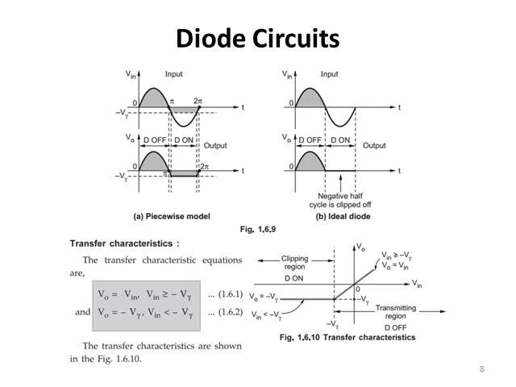So the transfer characteristic equations can be written in mathematical form as V0 is equal to Vin when Vin is greater than or equal to minus V gamma, and V0 is equal to minus V gamma when Vin is less than minus V gamma.